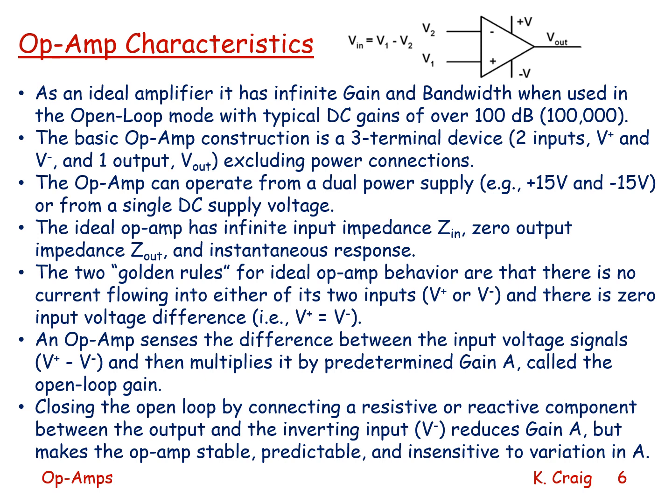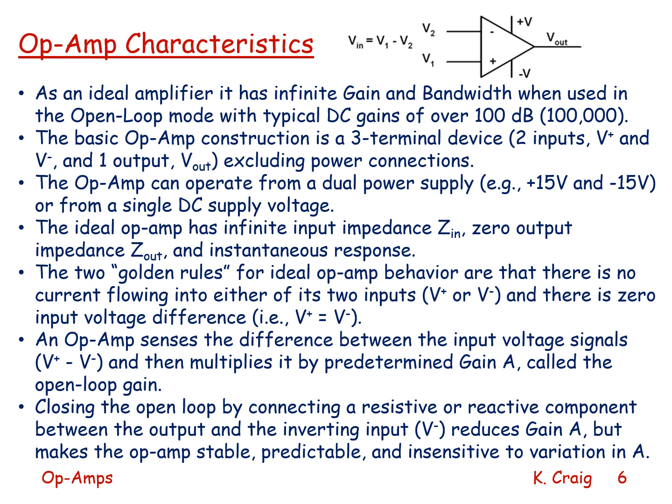Op amp characteristics. As an ideal amplifier, it has infinite gain and bandwidth when used in the open loop mode, typical DC gains of over 100 dB. That's 100,000. The basic op amp construction is a 3-terminal device, 2 inputs, a plus and a minus, and 1 output.